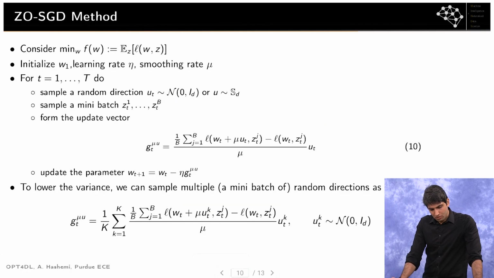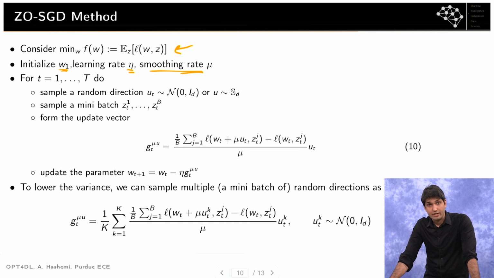All right, so how can we use it for optimization? So imagine that we are minimizing a stochastic loss, such as this. Again, we think of this as minimizing the average loss over the training data. We initialize our iterative algorithm. We use some learning rate, and we're going to fix the smoothing rate mu.